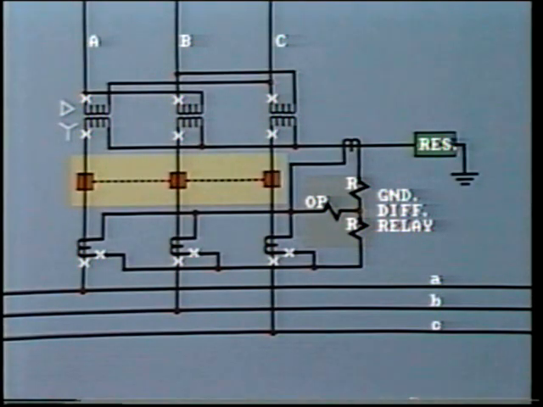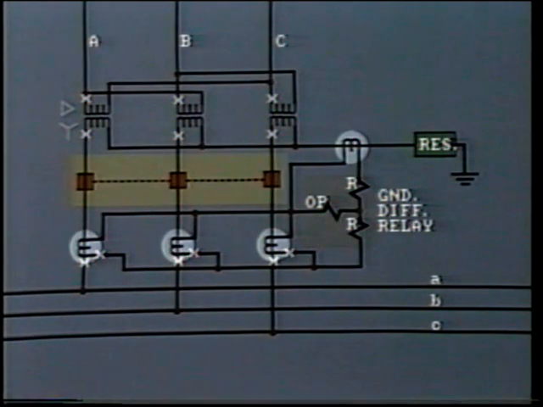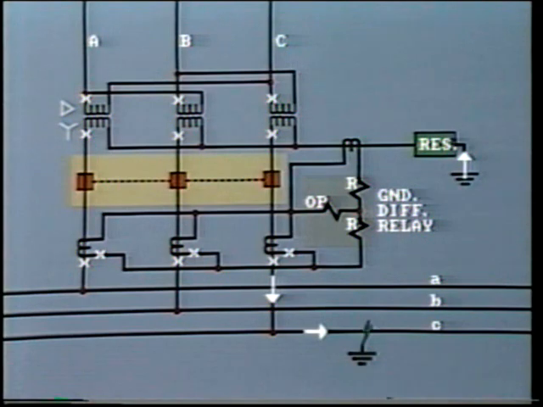If there is no ground fault present, then no current flows in the secondary circuit of the CTs. If an external fault occurs, say on line C, then the zero sequence current will flow through the CT secondary to the relay. But this will be counterbalanced by the same value of current flowing from the neutral CT.